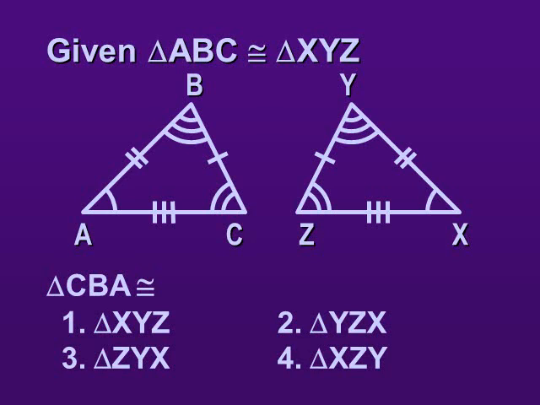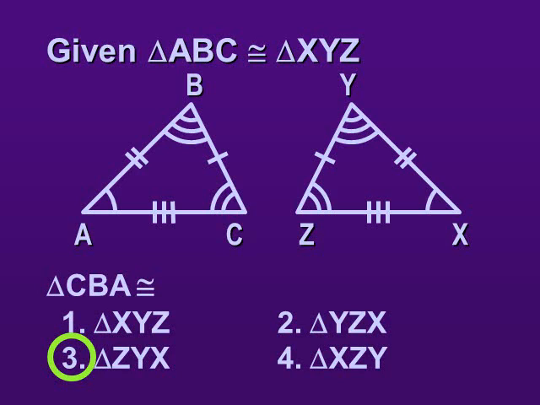If I rearrange the letters, so instead of saying ABC, I'm saying triangle CBA, how would I match the congruency in the notation there? Go ahead and write and see what you think. If you said ZYX, you are correct.